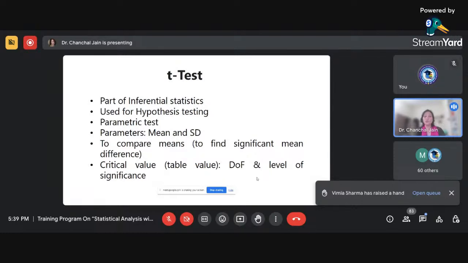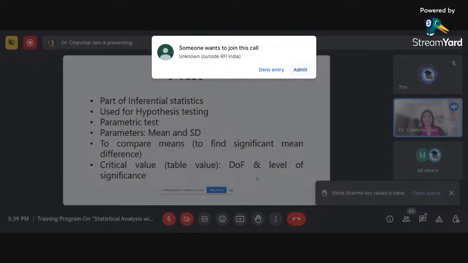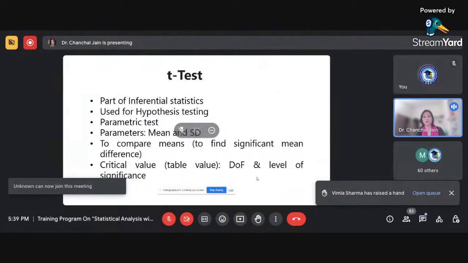So in that case, we do not need to be bothered about these things. Usually when we apply the t-test using Excel, Excel itself gives us all these things. We do not need to calculate them. But for manual calculations, we need to know conceptually that to get the table value, we need to have the degrees of freedom and also the level of significance.